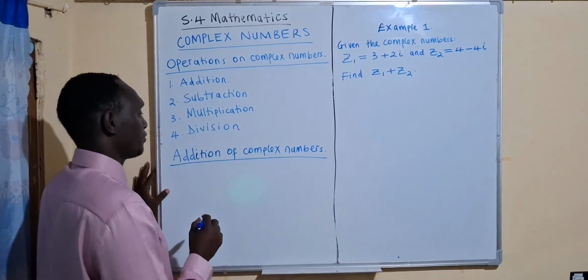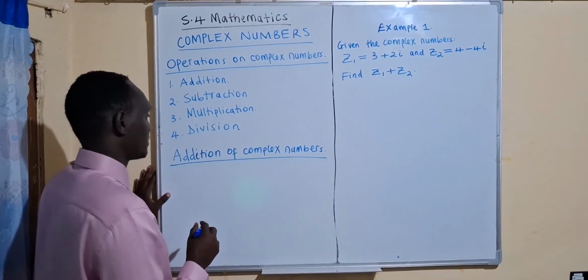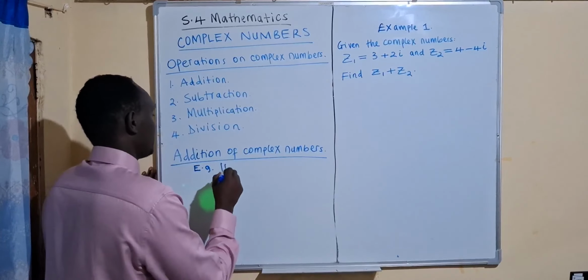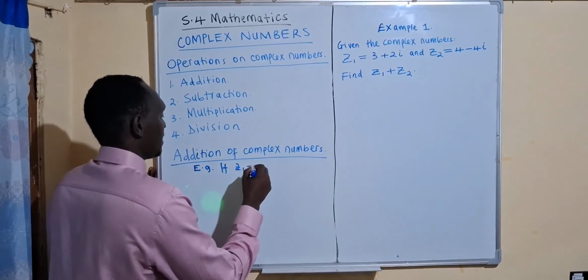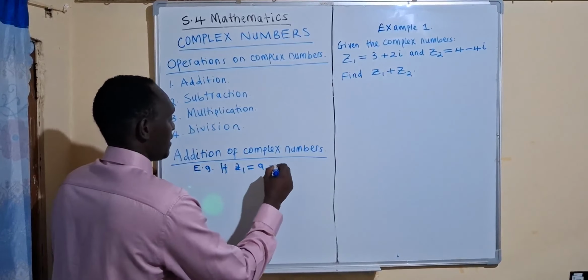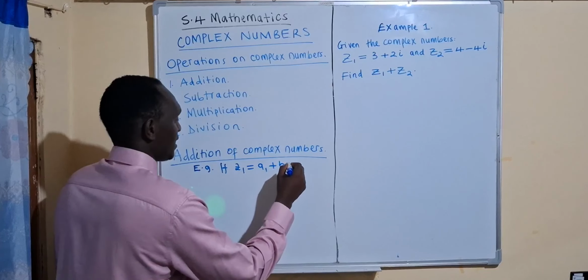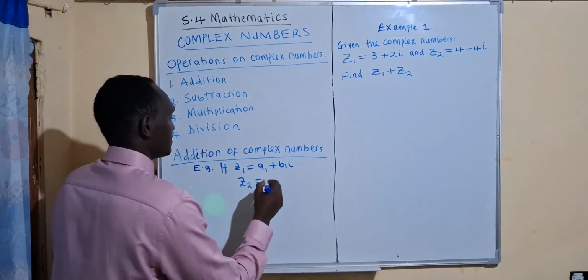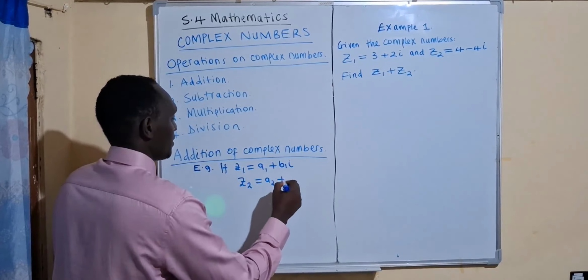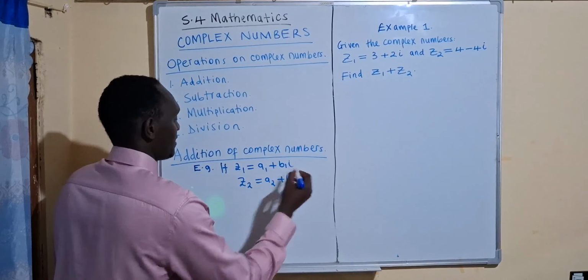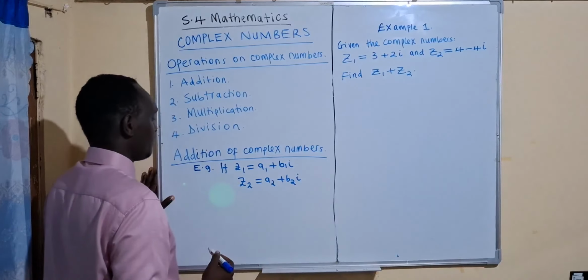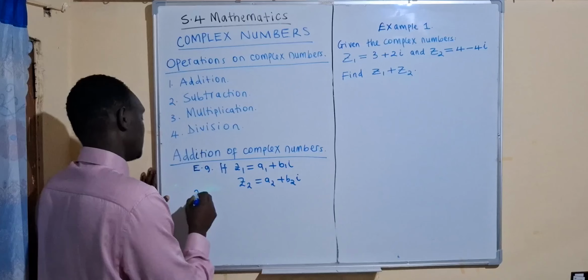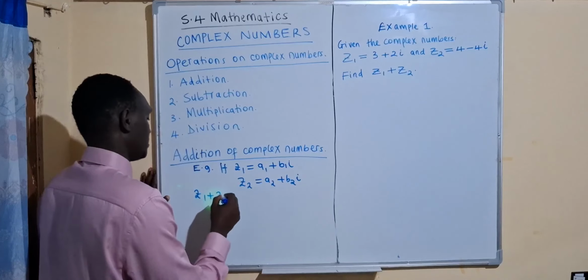For us to add any two or more complex numbers, for instance, if you are given Z1 as A1 plus B1i and Z2 as A2 plus B2i, and then you have been asked to find Z1 plus Z2.